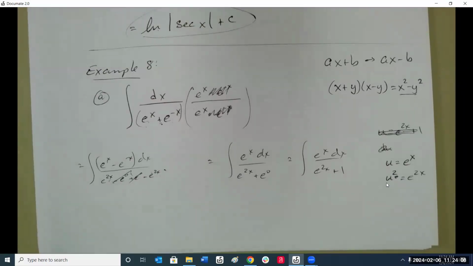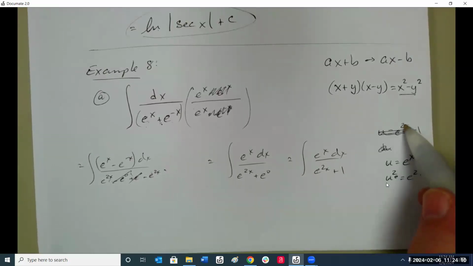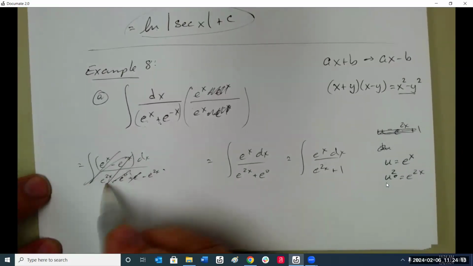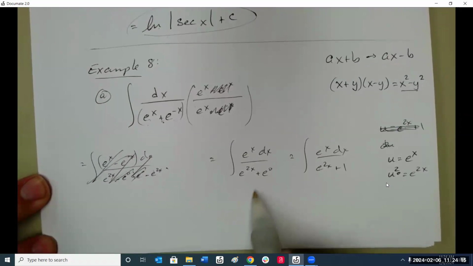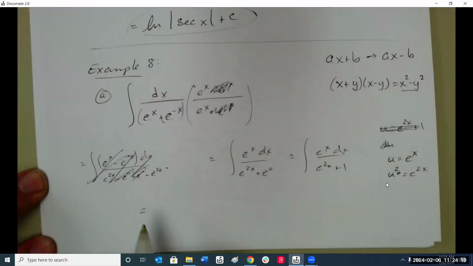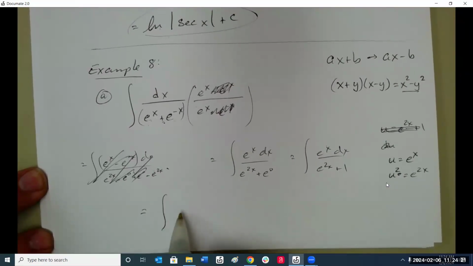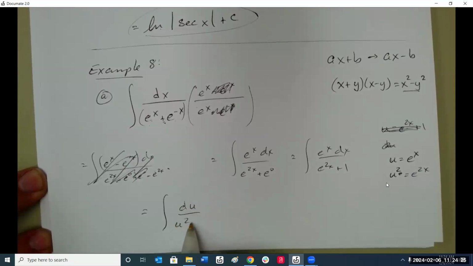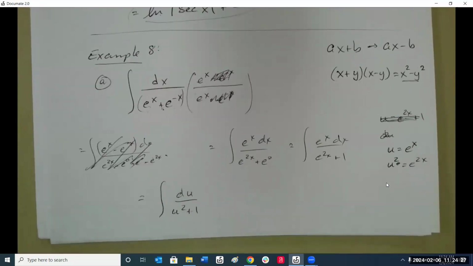Do you follow that? Yeah. Because we couldn't use the square, we multiplied by e^x. So now what we have is du over u squared plus 1.